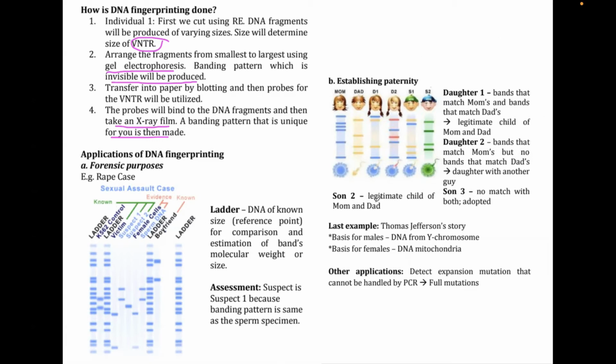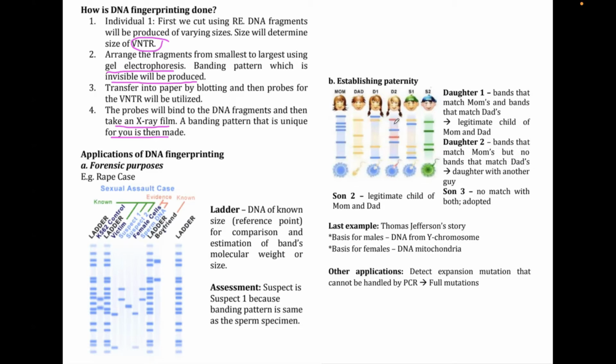Okay, for example naman, in establishing the paternity, your daughter number 1, okay, if you will look closely, bands that match the mom and the bands that match the dad. So, si daughter number 1, check natin. Same ba sila kay mom? Yes, sa dad. Okay, so legitimate child siya. Next, your daughter number 2, bands that match the mom but no bands that match the dad.